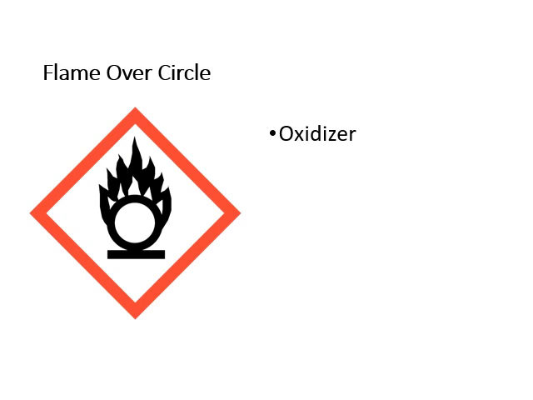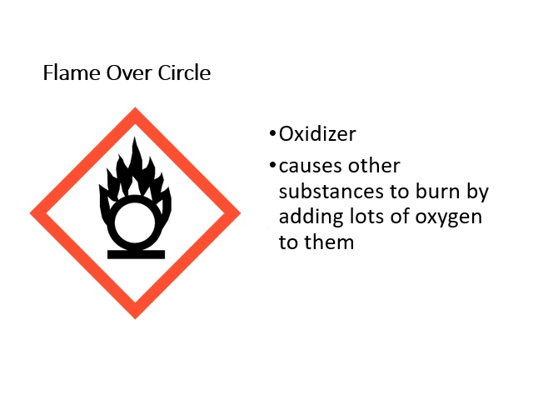What an oxidizer does is supply oxygen to something that is already burning. This is a problem because if you have something burning, you don't want to keep adding more oxygen into the flame to cause even more fire. So this causes other substances to burn by adding lots of oxygen to them. Something like hydrogen peroxide.